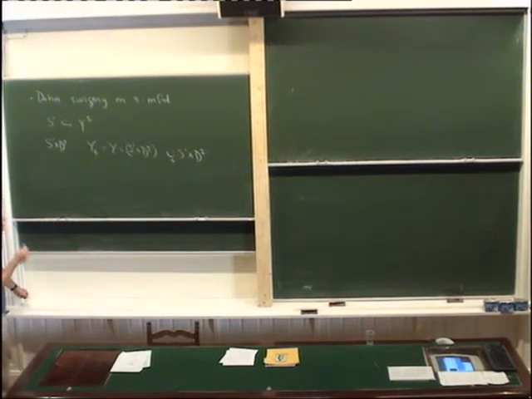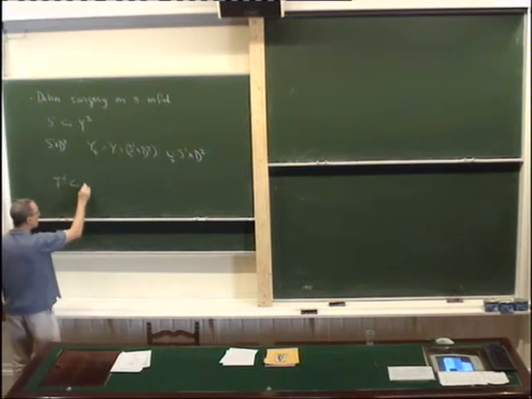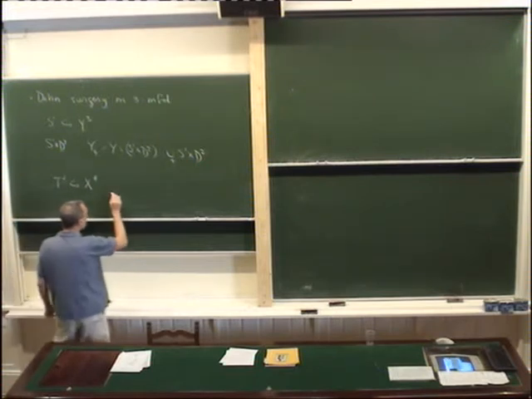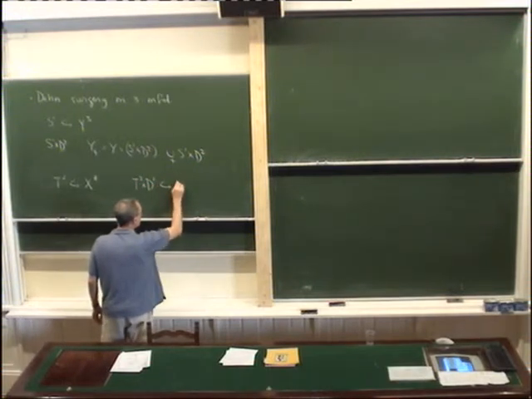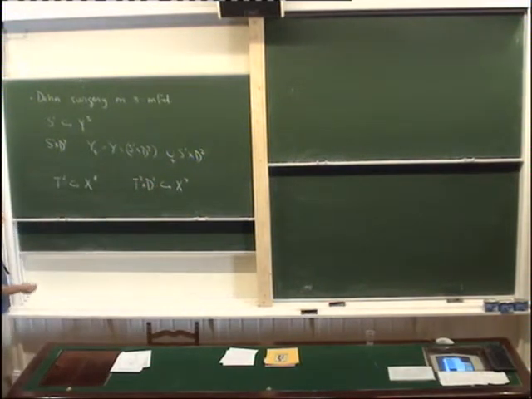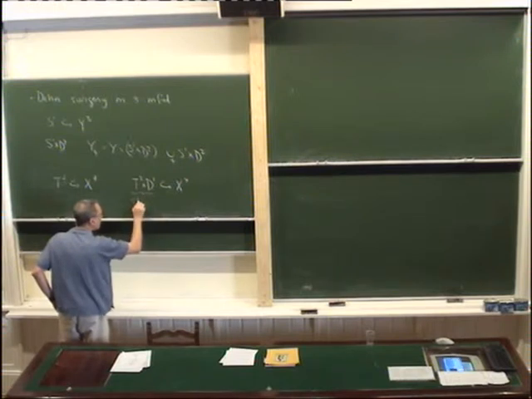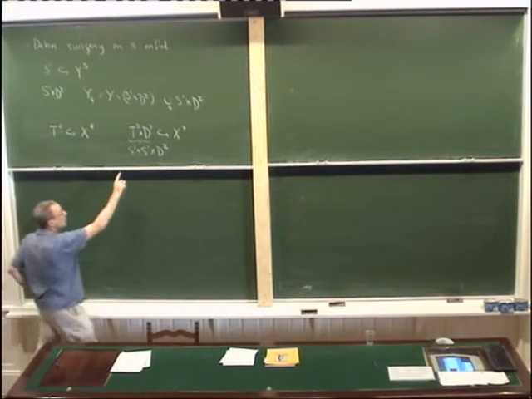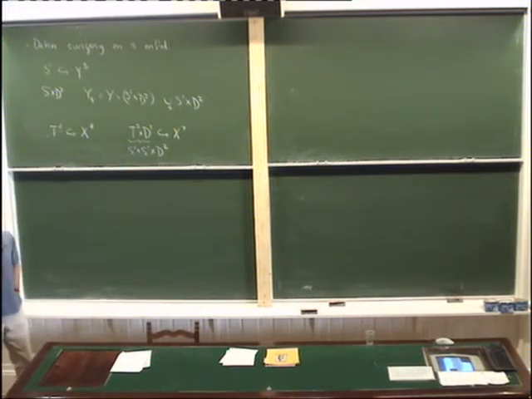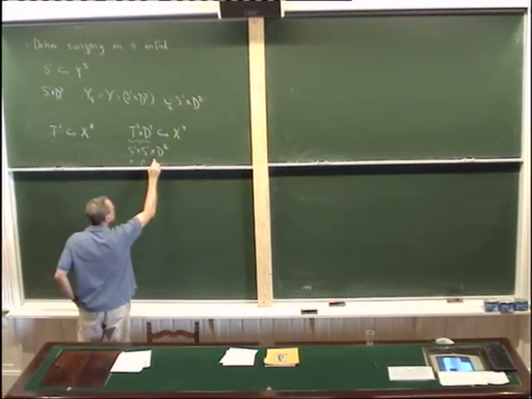We can do the same thing in a four-manifold if we have a torus. So if you have a torus embedded in a four-manifold, and it's got a trivial normal bundle, then we can choose a basis for the first homology of the boundary, say alpha, beta, and boundary of D2.